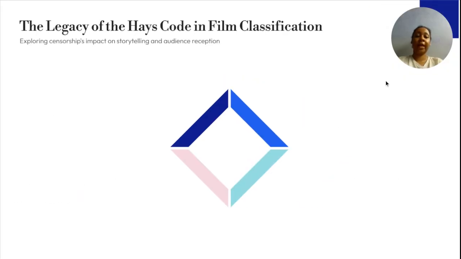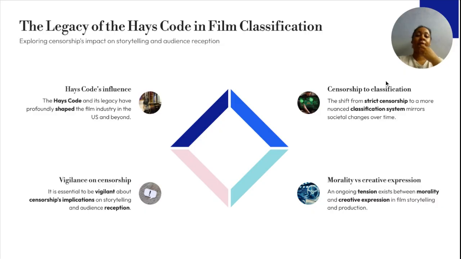So, the legacy of the Hays Code. It has profoundly shaped the film industry in many ways, and people going against the grain, challenging the code and the censorship to classification. So the shift from strict censorship to a new, nuanced classification system mirrors societal changes over time.